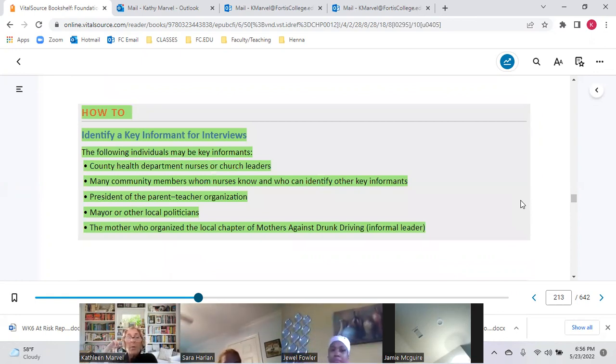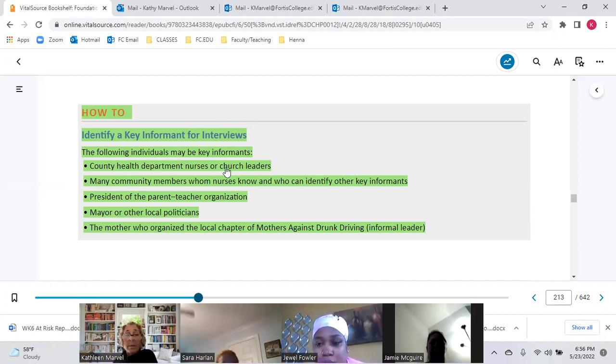And then the last part I want to go over is, who are your key informants? Who would you like to talk to? Remember, you are new to the community, and it's going to help if you have some kind of key stakeholders to talk to find out about the community. Well, I'd like to talk to the county health department, right? The nurses that work in the health department, find out what's going on. What about church leaders? I'd like to talk to church leaders, find out what does religion look like in this community?